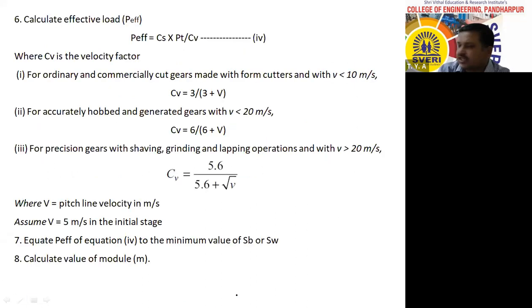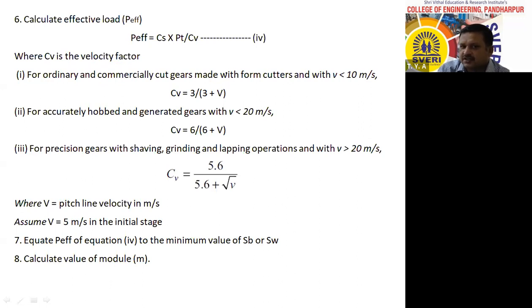Next, write down step number 6. Calculate effective load by using P effective is equal to CS PT upon CV, equation 4, where CV is the velocity factor. There are three different values of CV for ordinary and commercially cut gears.